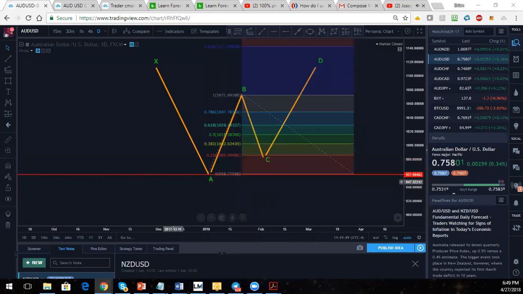Let's say that you were to enter into an aggressive B point sell, right? And you want to know, okay, where would I actually be looking for my retracement? Usually, your retracement will be around here, around this area.